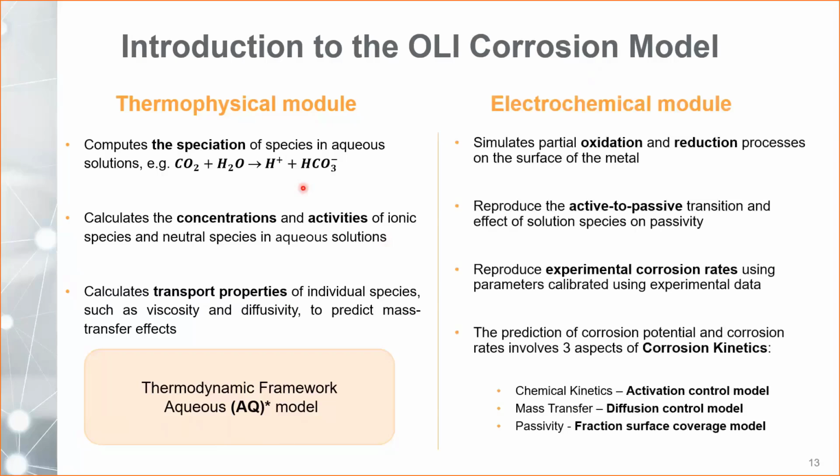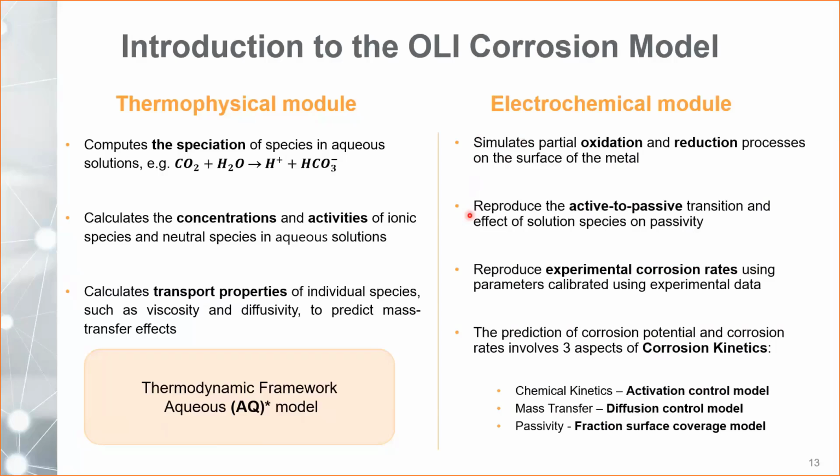For the second module, we have the electrochemical module, which is the second part that we use in the OLI corrosion model. This is used to represent the partial cathodic and anodic reactions on the metal surface, and it is also used to reproduce the active to passive transition of alloys.